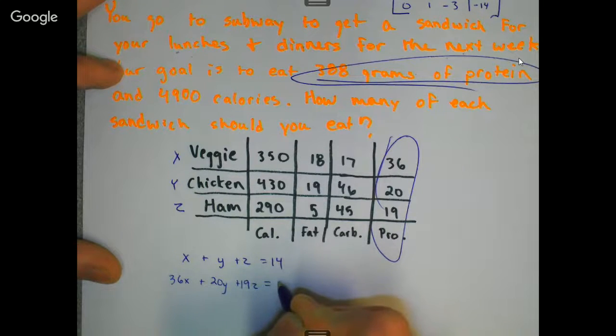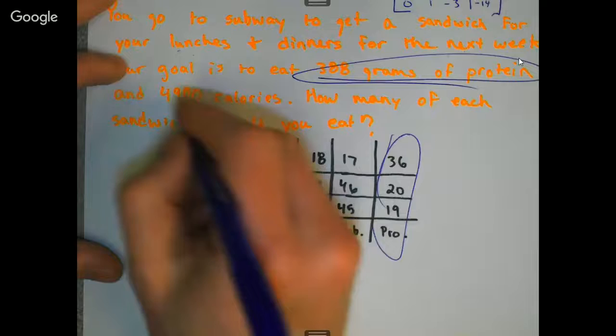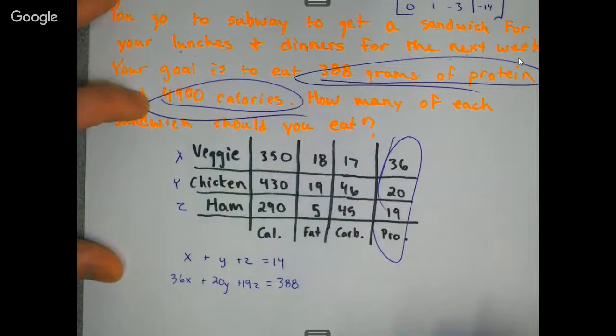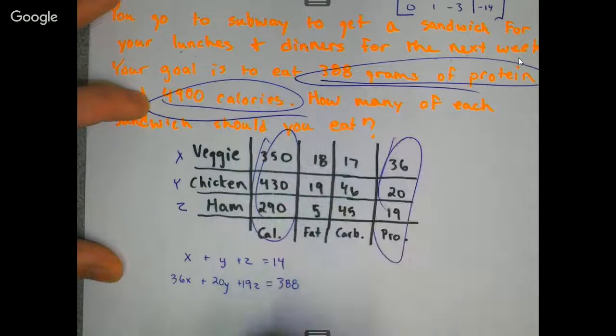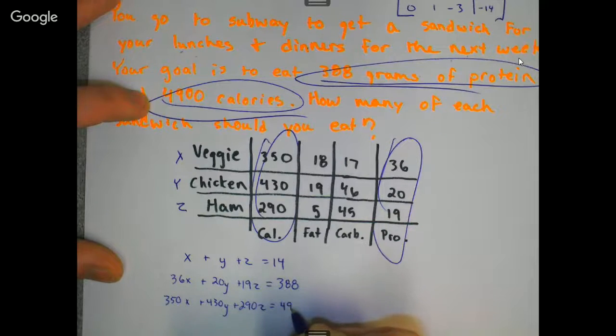That's going to equal 388. Okay. Then I've got 4,900 calories. Here's your calories. So I've got 350x plus 430y plus 290z equals 4,900.